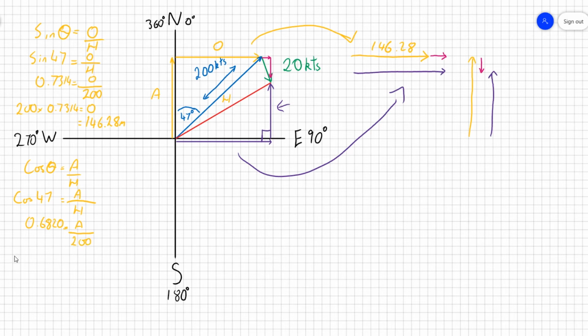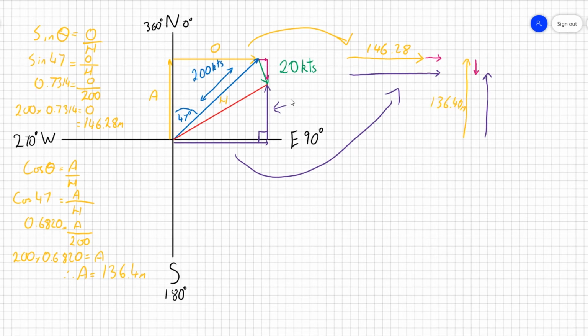So if I flip that over the other side, I get 200 times 0.6820 equals my adjacent. Therefore, adjacent equals 136.4 meters. So I really just need to find the values of the green and pink triangle there, or the two vectors that add up to make that one.